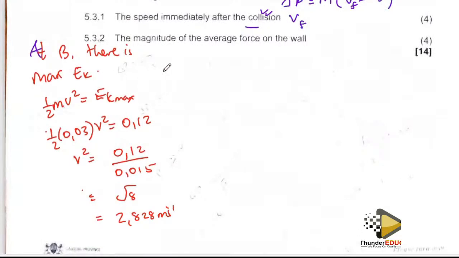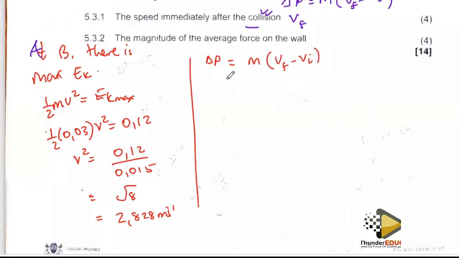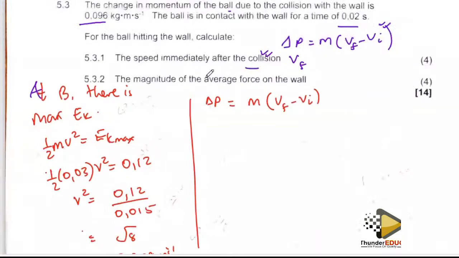Let me keep the whole value so that I can get a more correct answer at the end. Okay, then we're saying change in momentum is m times v final minus v initial. When I do my substitution, our change in P is 0.096. The mass is 0.03. V final, we don't know.